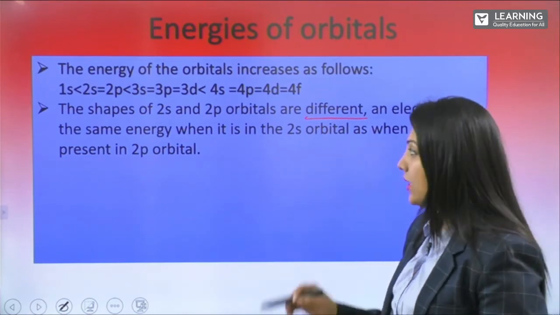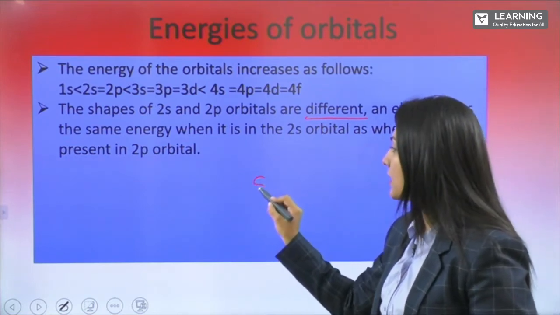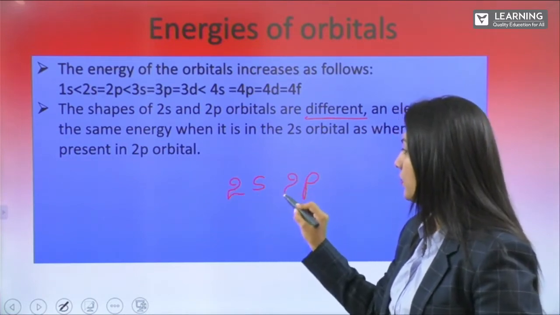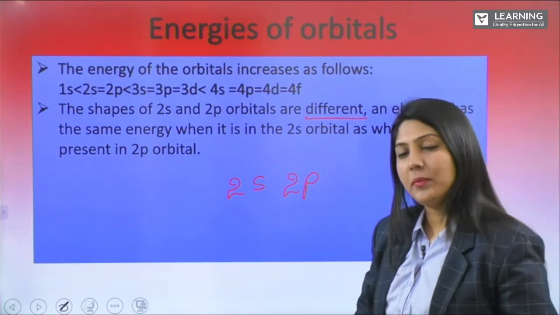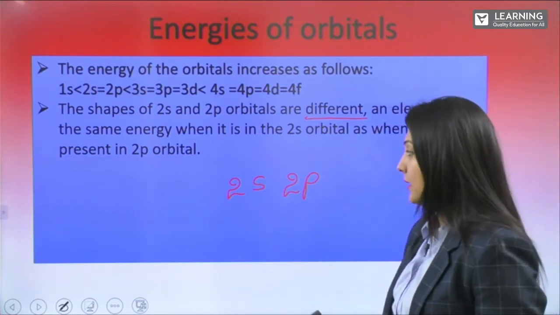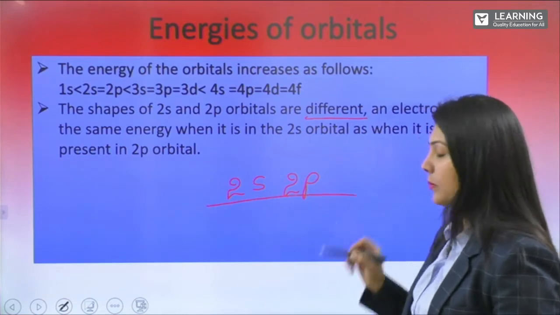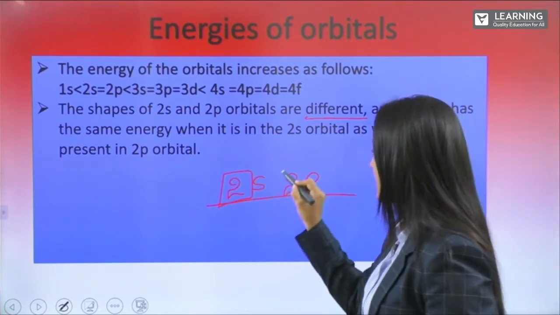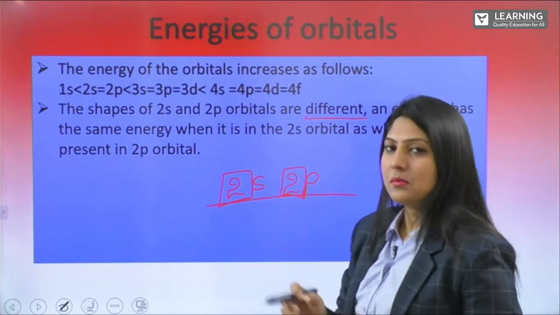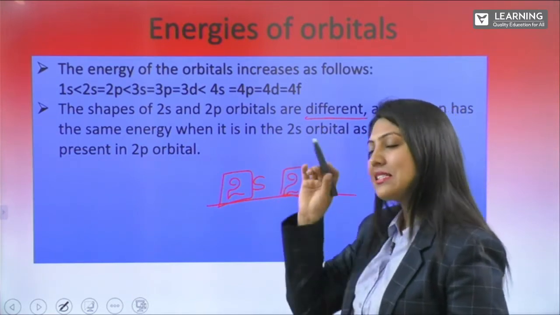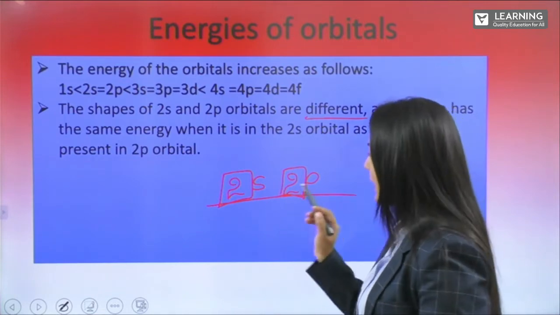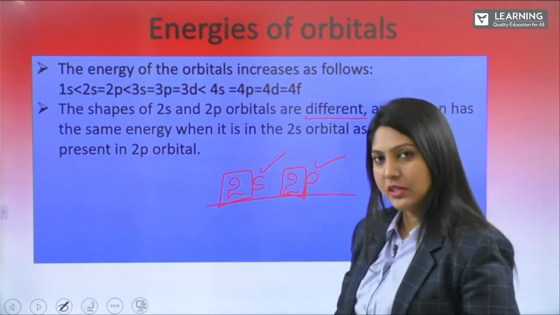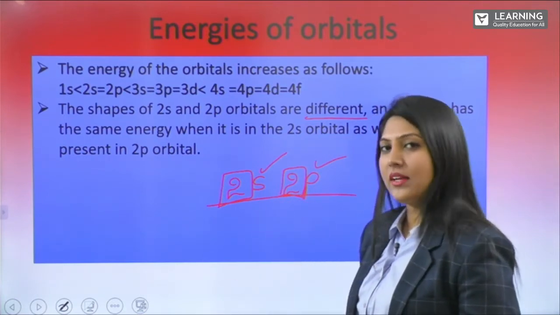That means if you have 2s and 2p orbitals, s is a different orbital, p is a different orbital, but they are in the same orbit, the same principal quantum number. 2 represents the principal quantum number here, the second orbit, and in the second orbit we have s orbital and p orbital. S orbital has a different shape, p orbital also has a different shape.